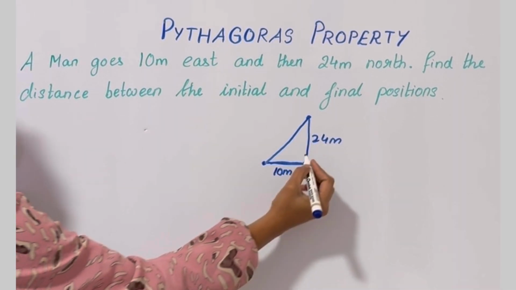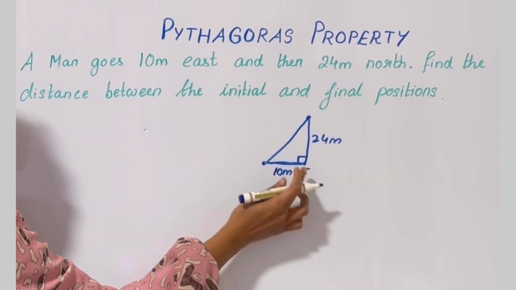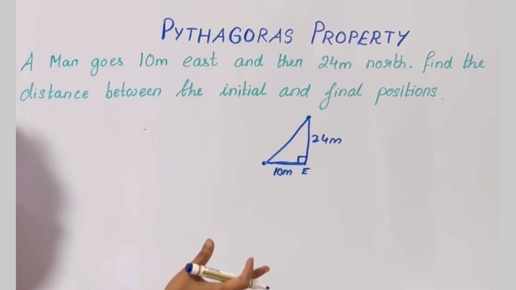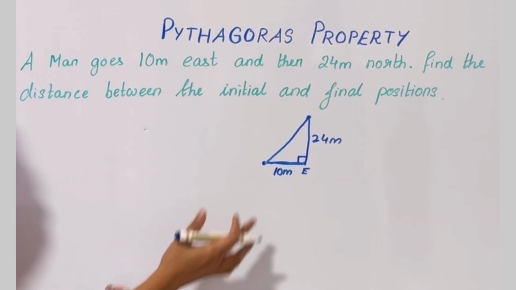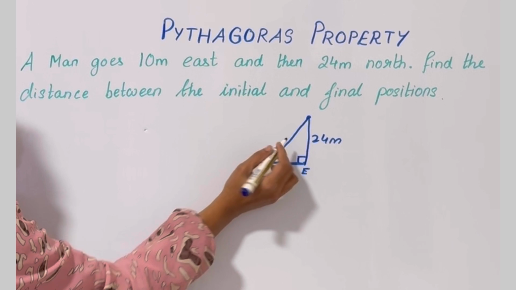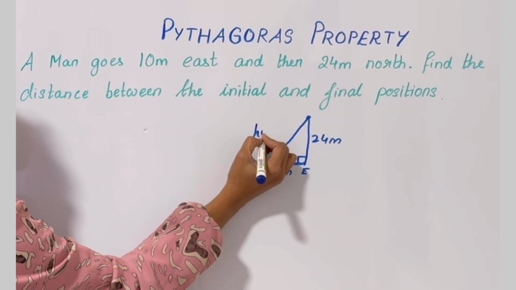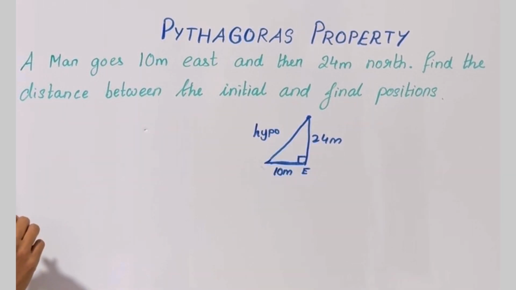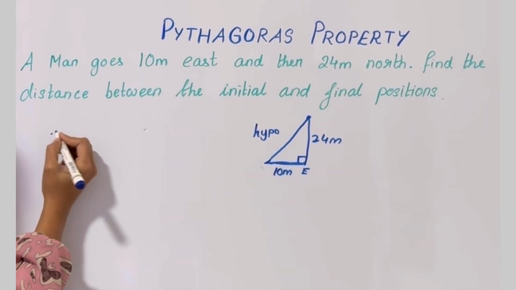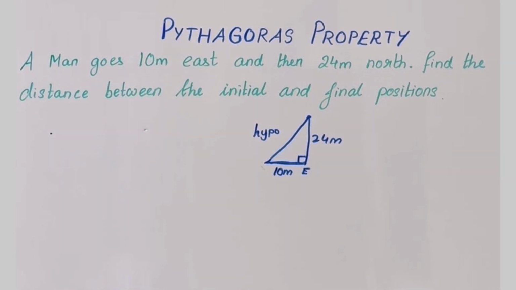So is it a right triangle? Yes. To find the length of the missing side in a right triangle, use the Pythagoras property. And here the missing side is the hypotenuse, the longest side. To find the length of the hypotenuse, use the sum of the squares of its legs.